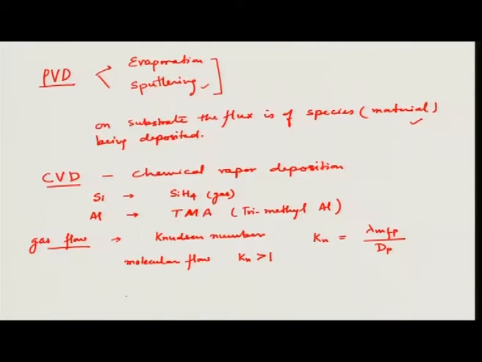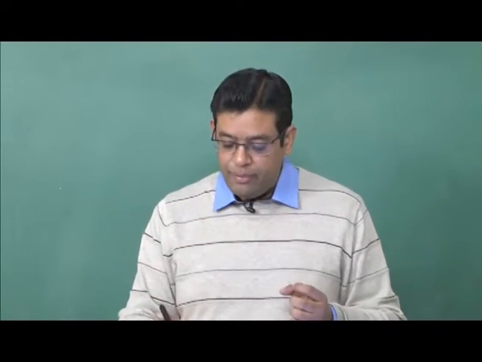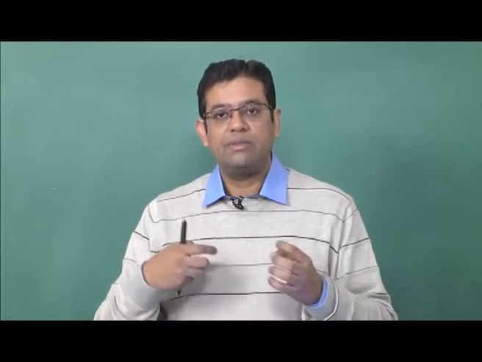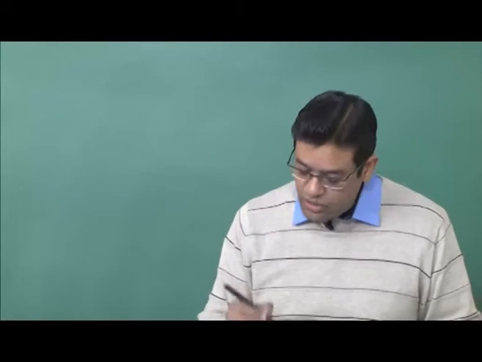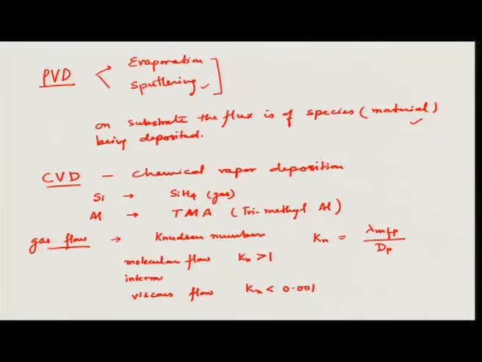On the other extreme is viscous flow, which has a Knudsen number less than 0.001, very small, which means that the gas pressure is high enough that the mean free path lambda is very small. So, gas atoms are interacting with each other more than the walls. And there is also an intermediate flow, which lies somewhere between 1 and 0.001.